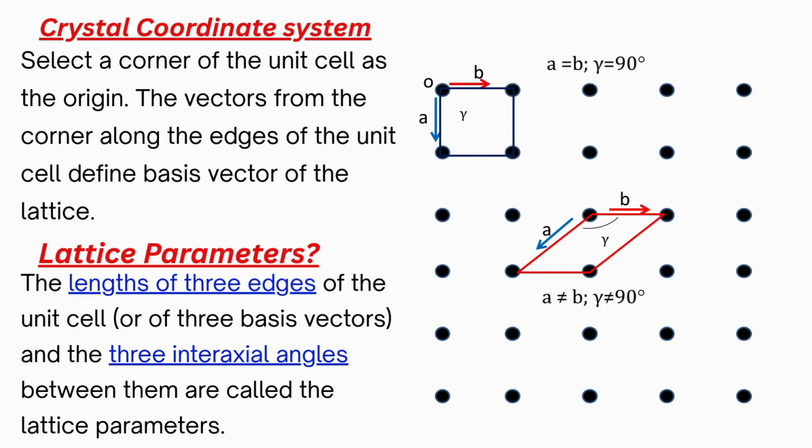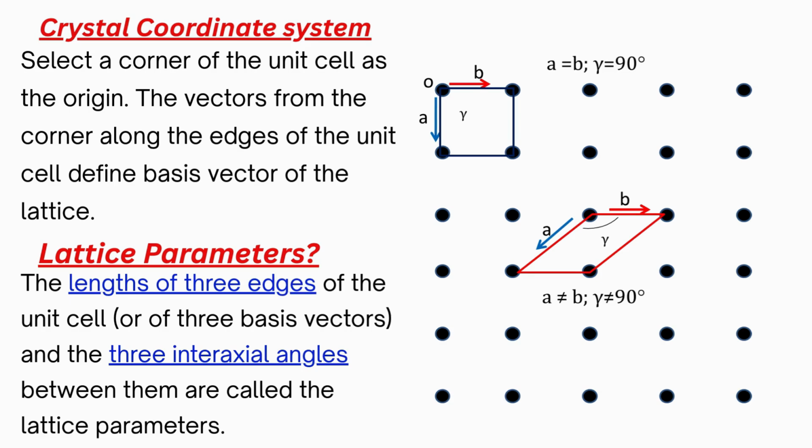It is defined by these parameters as well as the angle at which it is repeated, and the relationship between two different axes. So the lattice parameter is nothing but the length of this repetition of the points as well as the interaxial angles. That's what we said initially.